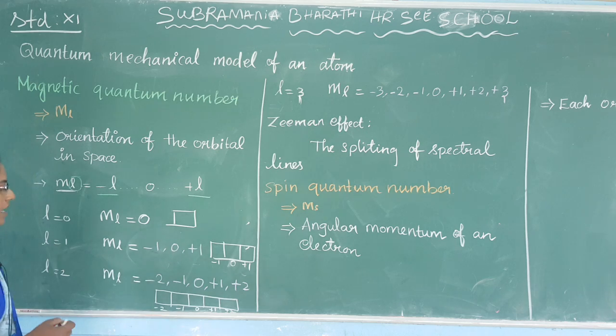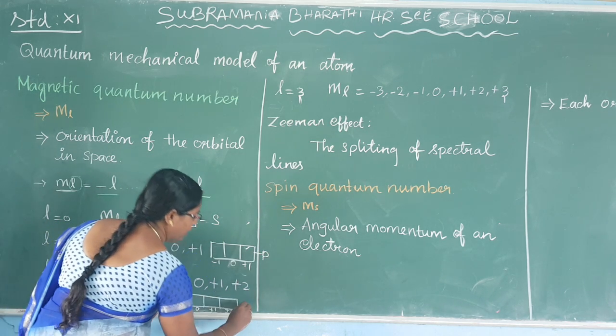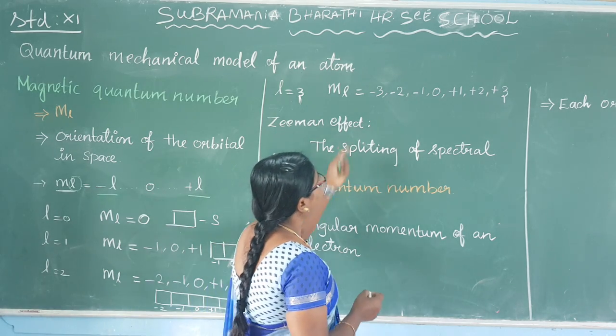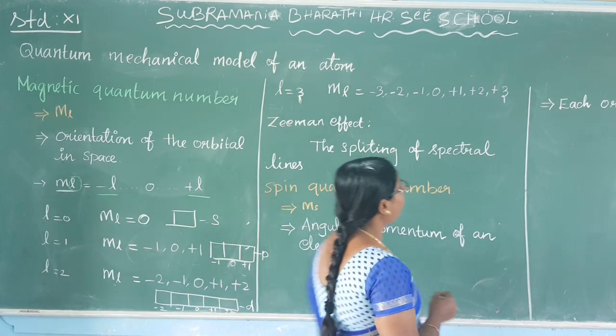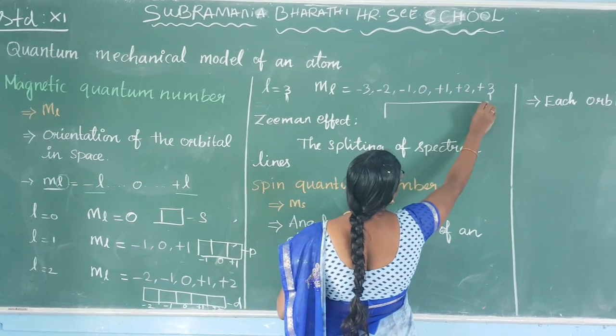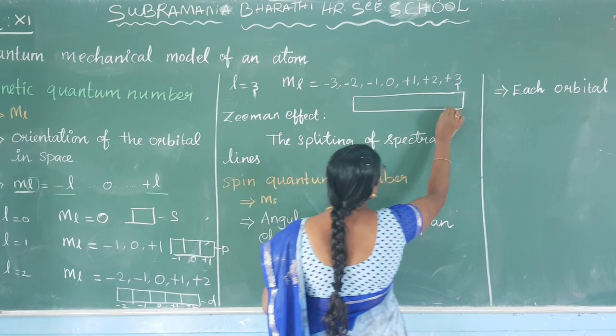This is the d orbital, this is s, and this is p. And if l is equal to 3, I will have 7 values, so I have to write 7 degeneracy sets.